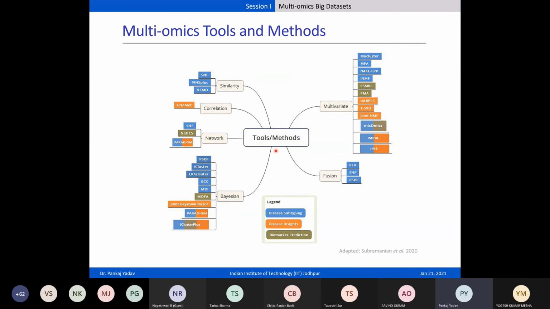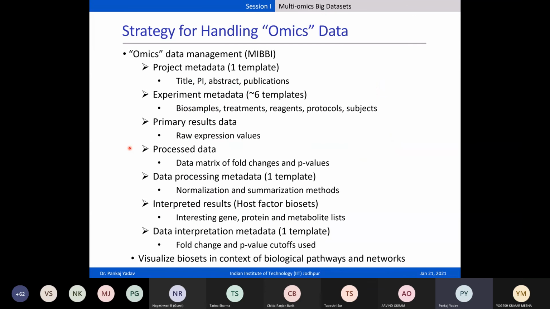And as I said, there is of course no doubt that there are opportunities to develop new methods that can help handle or analyze this kind of data. So let me first talk about the strategy of handling omics data.